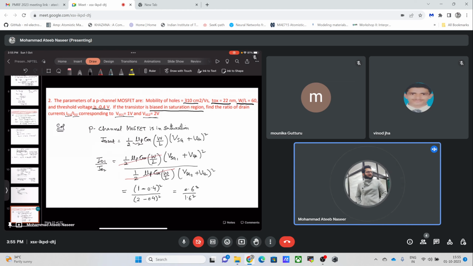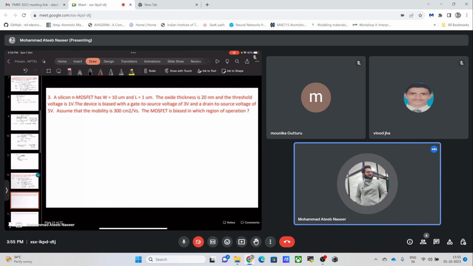Let me check its value on calculator. 0.6 into 0.6 divided by 1.6 divided by 1.6 is 0.14. So the ratio of the two currents is simply 0.14.